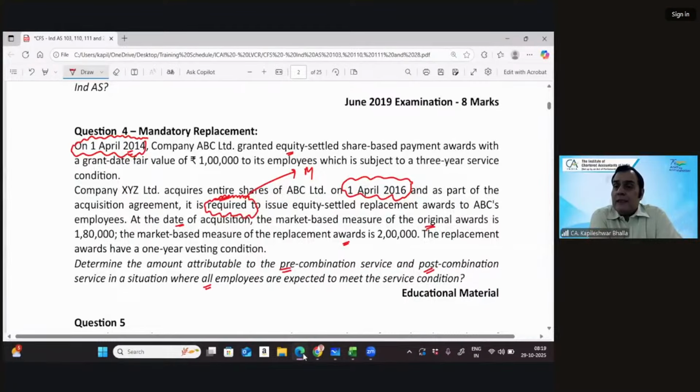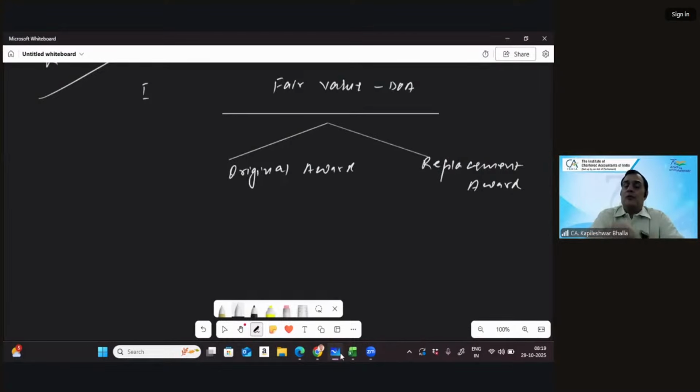It is very clearly given in the second para that the market-based measure of the original award is 1,80,000 and the replaced award is 2 lakh. Then we go on to step number 2.